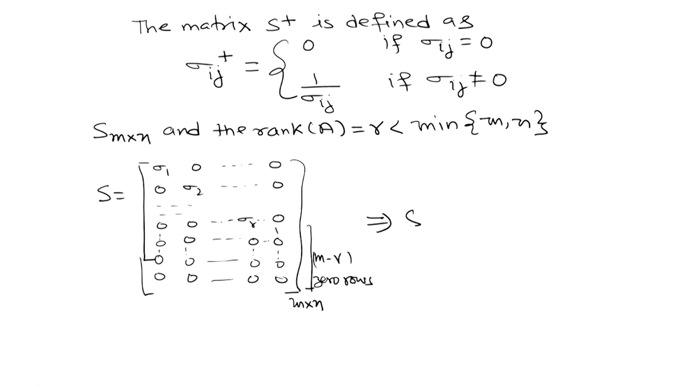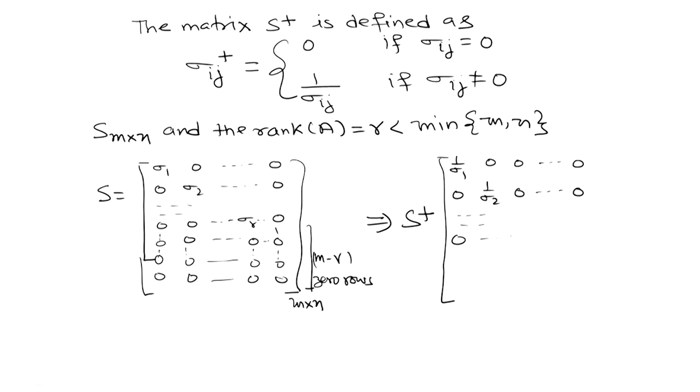In this case your S plus will become a n by m matrix now, which is having 1 upon sigma 1, because sigma 1 is non-zero here. So, it will become 1 upon sigma 1 0 0 0 0 1 upon sigma 2 0.